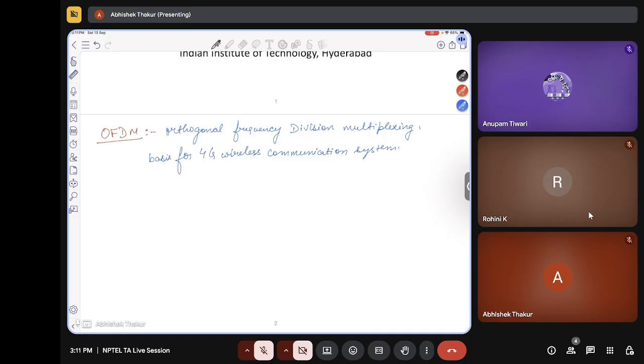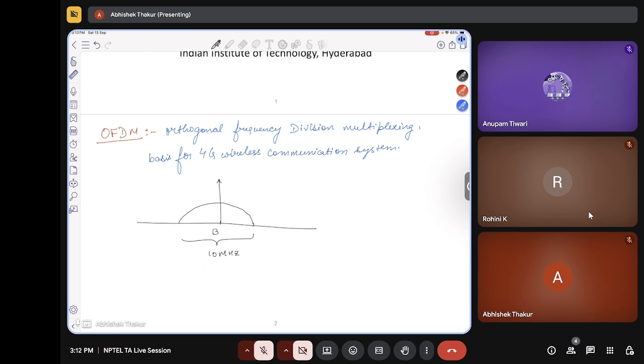Let's suppose this is the bandwidth of the carrier signal, and B is 10 megahertz.